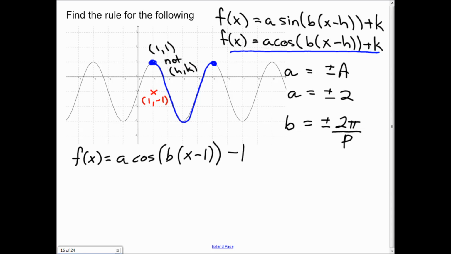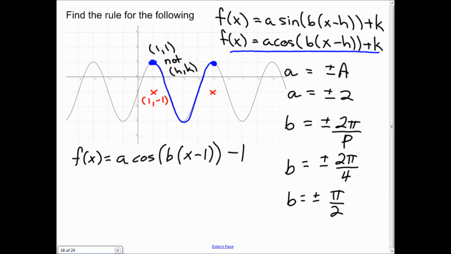So here the cycle starts at (1, negative 1), and the cycle ends at 5. And so the distance between 1 and 5 is 4. So for our b parameter, b is equal to plus or minus 2 pi over 4, which means that b is equal to plus or minus pi over 2.